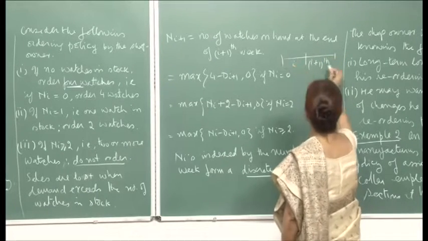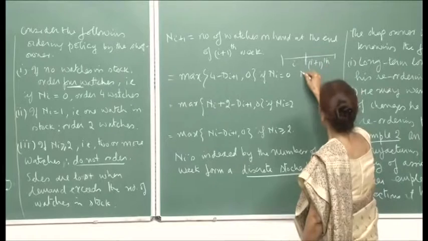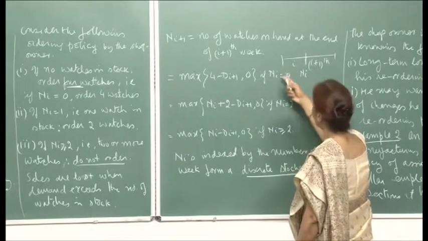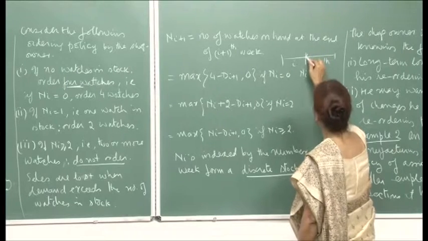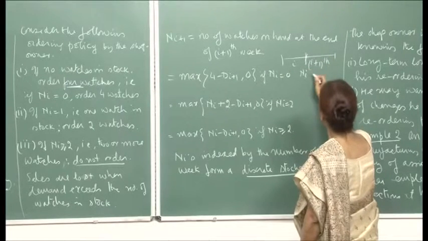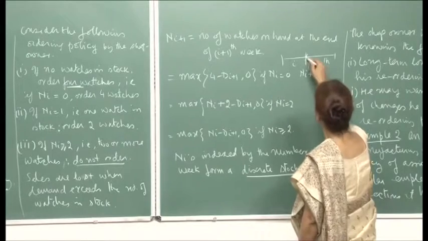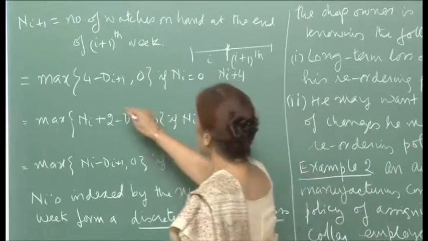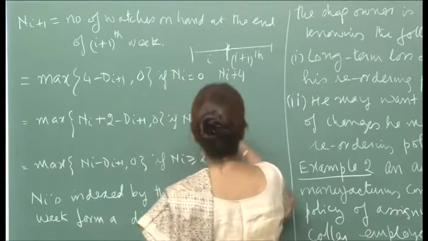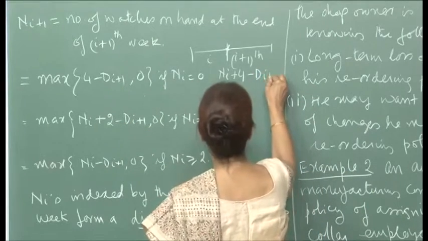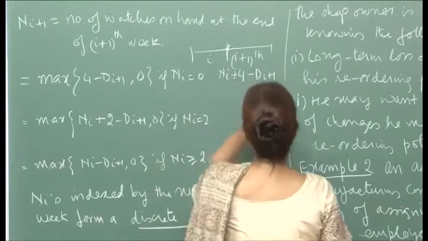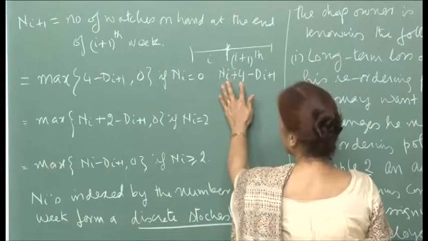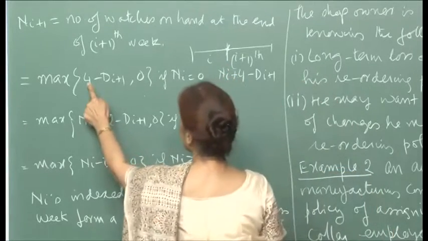So, at this point you had Ni watches. Now, if Ni is 0, then you ordered 4 and they were delivered by the time your (i plus 1)th week started. So, at the beginning you will have Ni plus 4 watches, and then there is demand Di plus 1. So, you would meet the demand, and since Ni is 0, you will actually have 4 watches on hand, and that is why I have written 4 here.